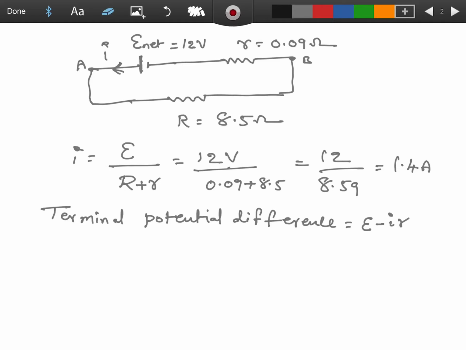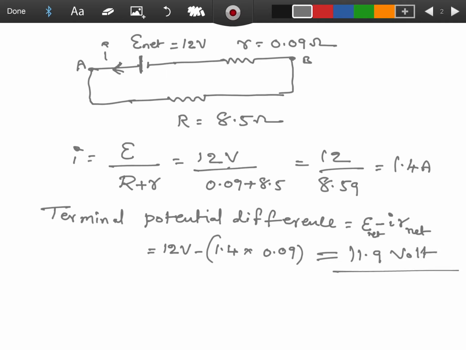Then E minus Ir. E is 12 volt minus I, which is 1.4, times small r, which is the net 0.09. You will get it as approximately 11.9 volt.